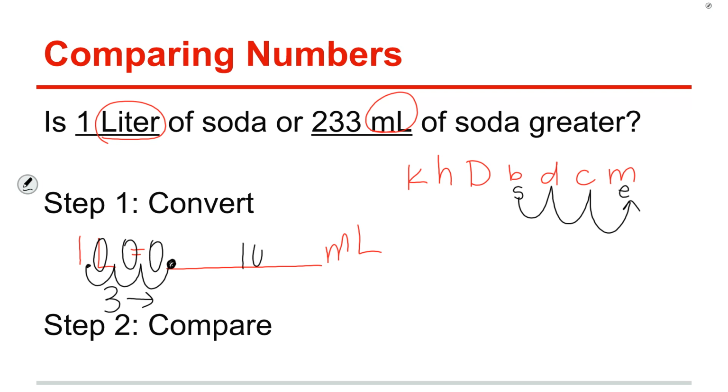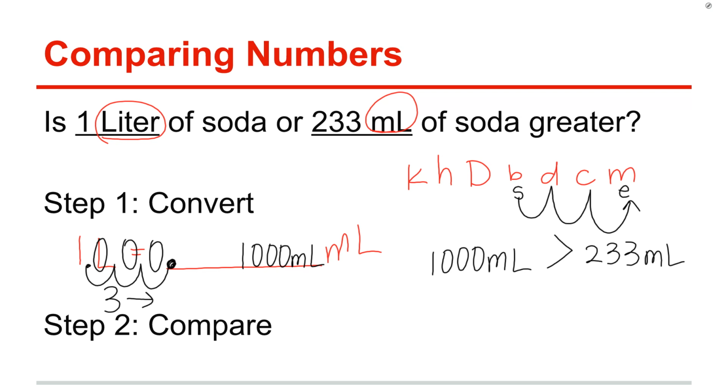So what I have is 1,000 milliliters. Now I can compare 1,000 milliliters with 233 milliliters, since they're the same unit. And I know that 1,000 milliliters is much bigger than 233 milliliters.